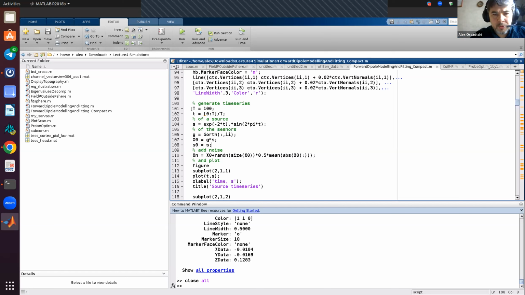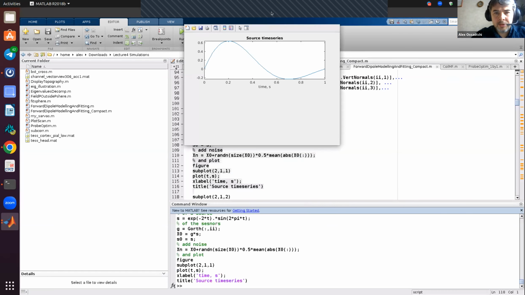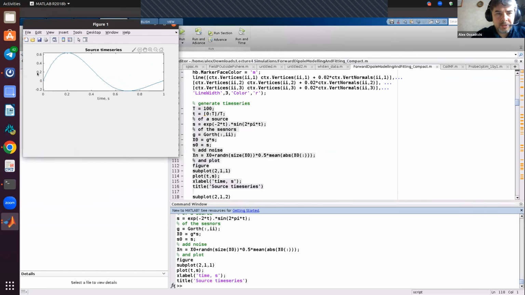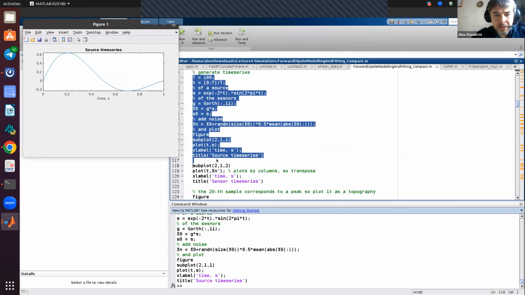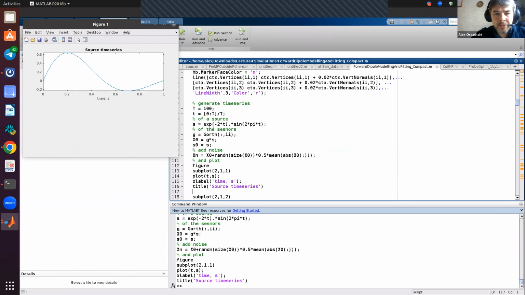This is our time series. We generated the time series of the dipole. This is time in seconds. And we simulated our data by this line here.